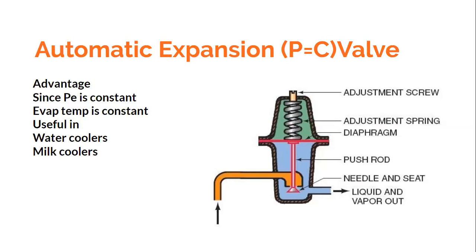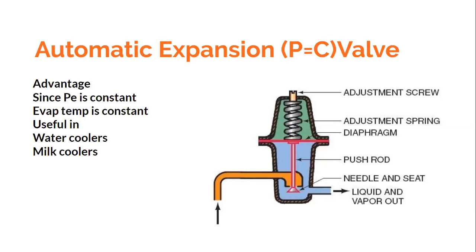For example, if we use some other valve, and in response to the load change there is a fall in the evaporator pressure or in the evaporator temperature, and it falls below the freezing point, then the water would freeze and the tubes would burst. That should not happen.